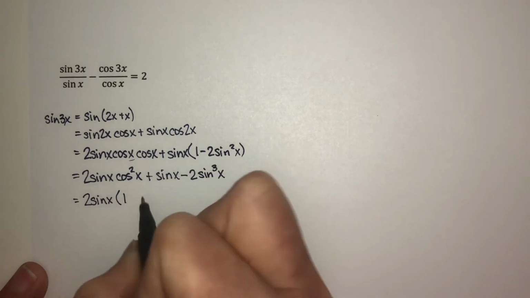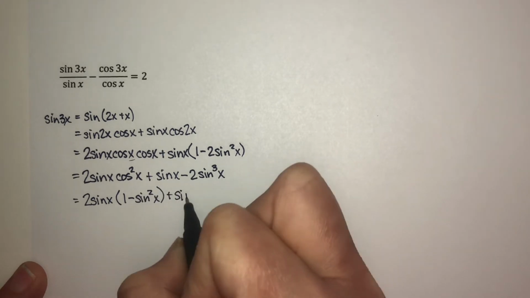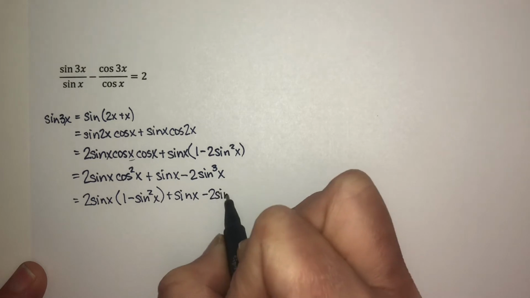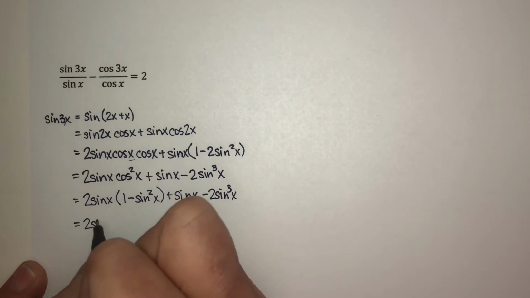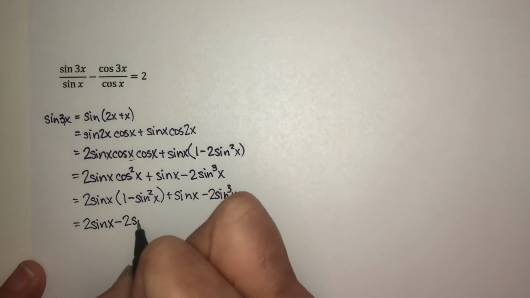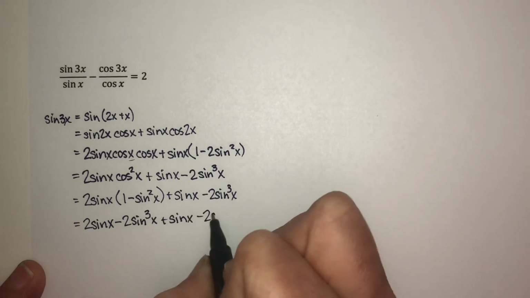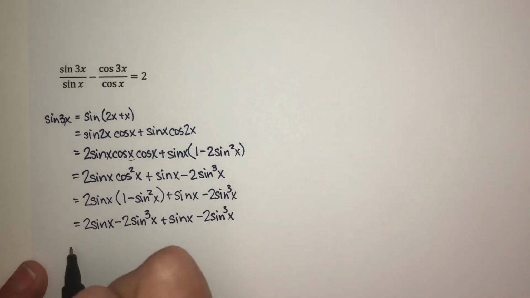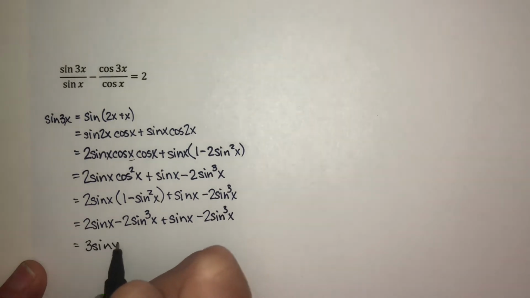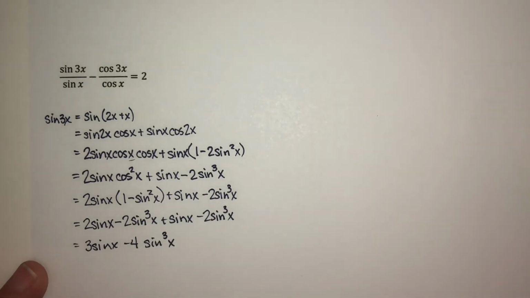And I have 1 minus sine squared x, and distribute. Okay, and now combine like terms, and I have 3 sine x minus 4 sine cubed of x.